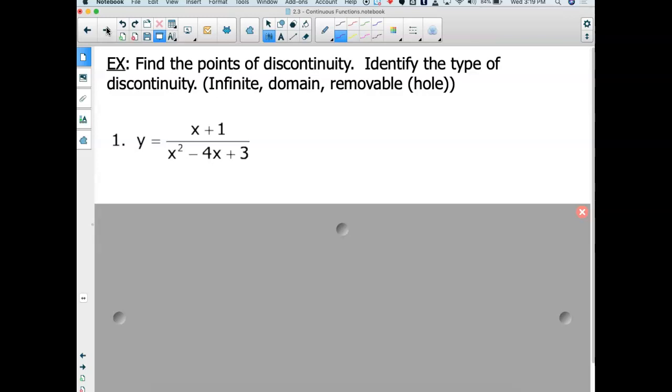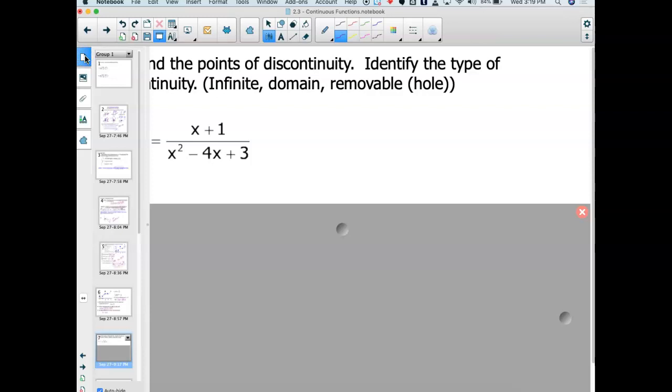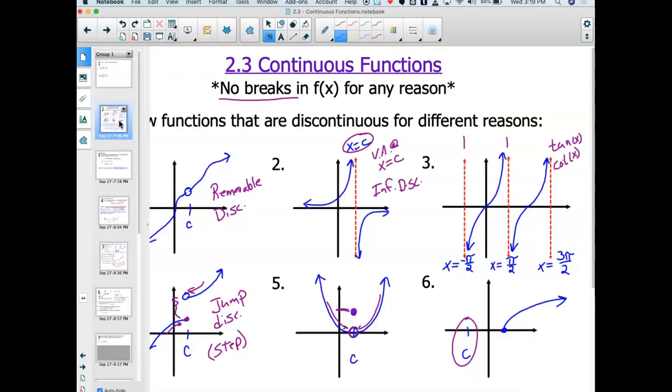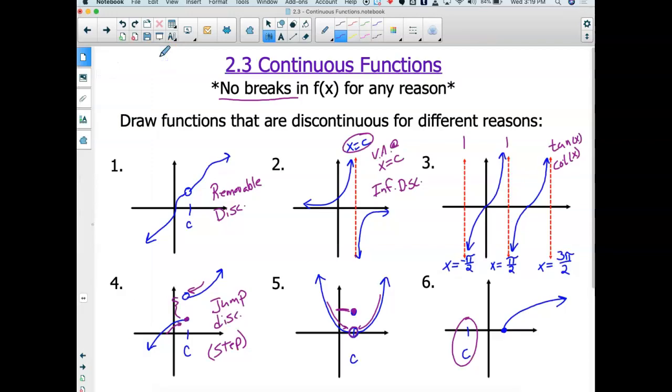Okay, I want to come back here. I'm going to shoot back to my first graph, and I'm going to look at this. Number 1 is a domain discontinuity. Number 6 is really a domain discontinuity because they're not in there. 2 and 3, those would be infinite discontinuities.